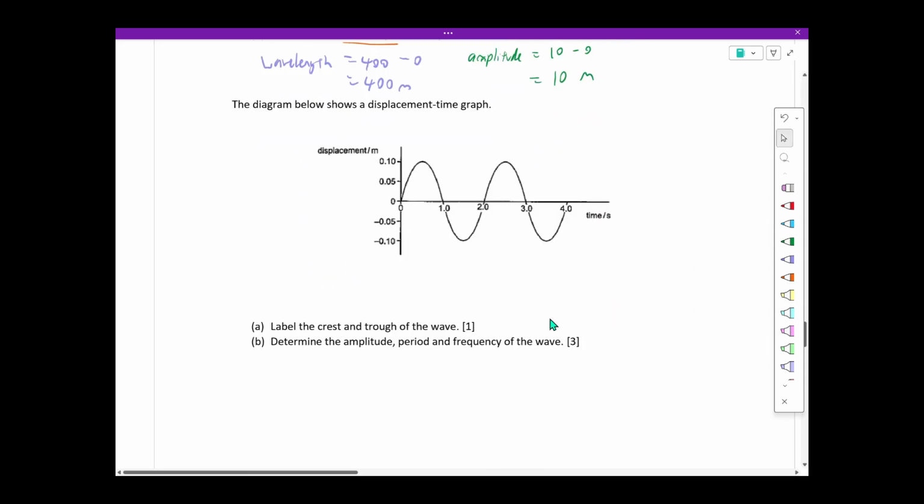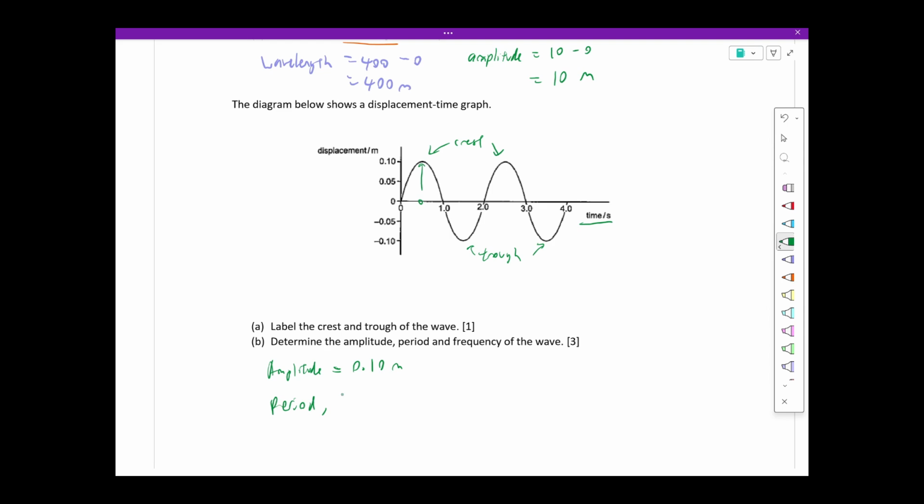And then for question 2, same thing. Where's the crest and trough? If you want, you can just write crest, and you can write trough over here. Now do take note, this is a time graph. So if you want to find the amplitude, all we need to do is take from here and go upwards. This is 0.10 meters. Okay, what's the period?